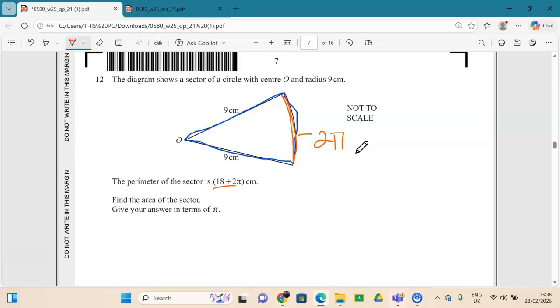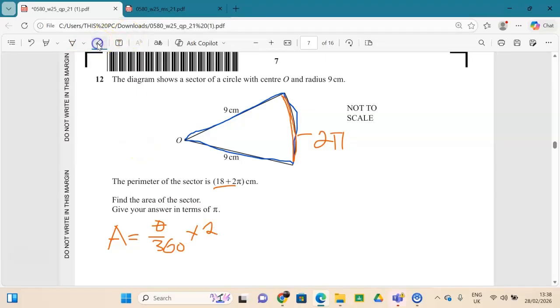Now that we know that, we want to find the area of the sector. How do we find the area of a sector? We know that the formula is A equals theta over 360 times pi r squared. Sorry, it's area, not length of an arc.